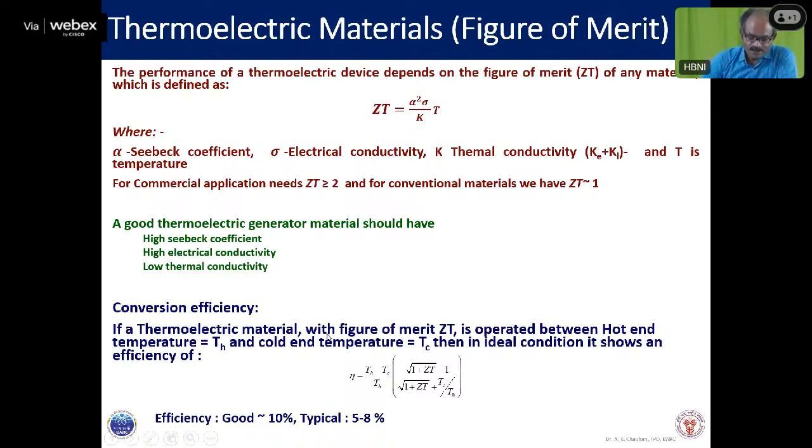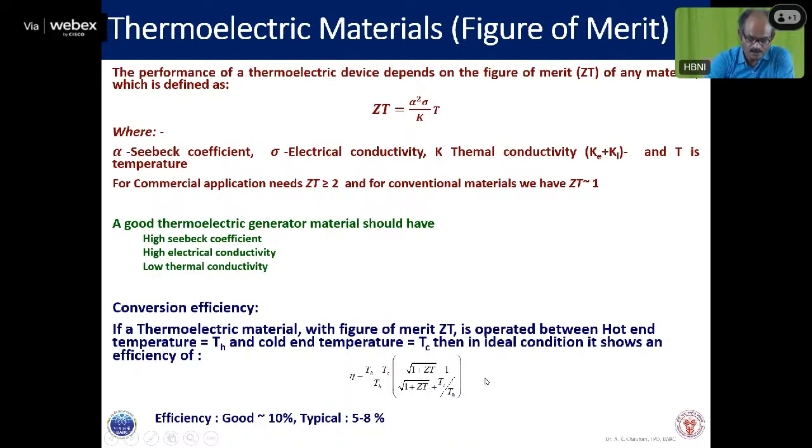If a thermoelectric material with figure of merit ZT is operated between hot end temperature, suppose consider TH, and cold end temperature, let us consider TC, then in ideal situation, we can find out the efficiency, which is equal to TH minus TC divided by TH, where TH is temperature of hot end, times square root of 1 plus ZT minus 1, divided by square root of 1 plus ZT plus TC by TH.